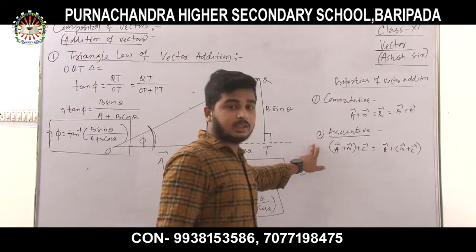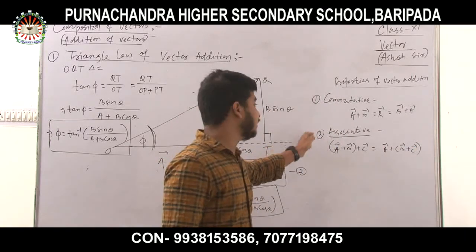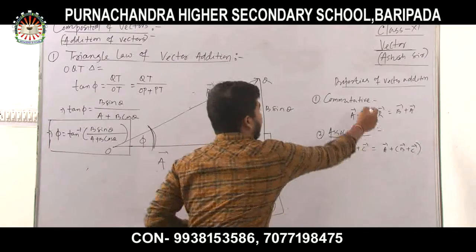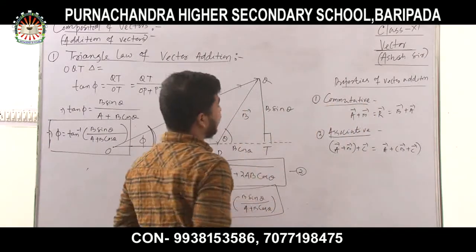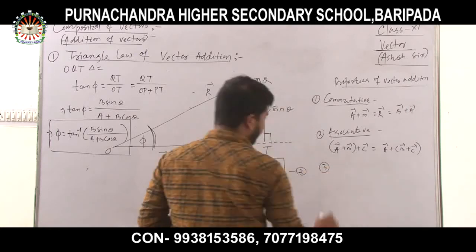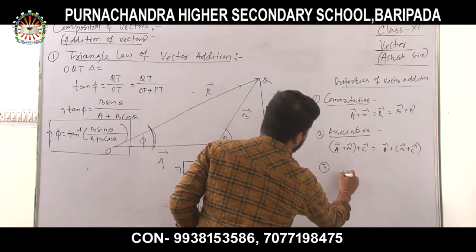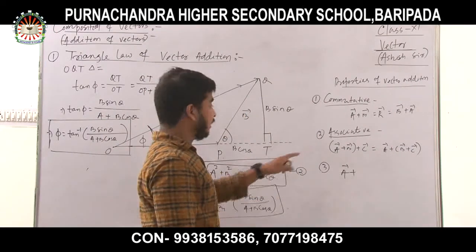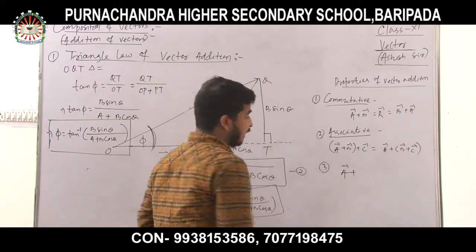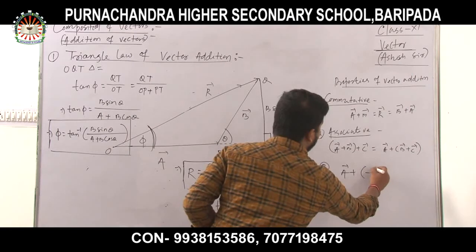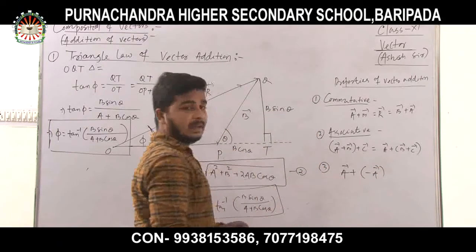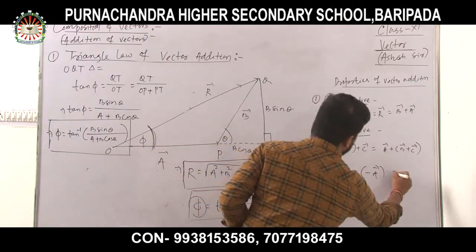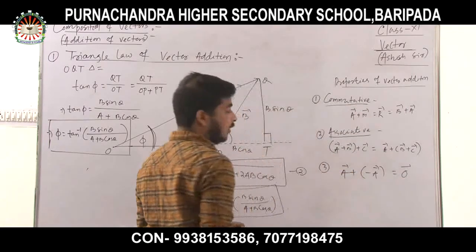This is the associative property. You have already discussed this type of property in mathematics: commutative, then associative, then third, when a vector is added with its opposite vector, its negative vector, that is A plus minus A vector, it will give a zero vector, a null vector.